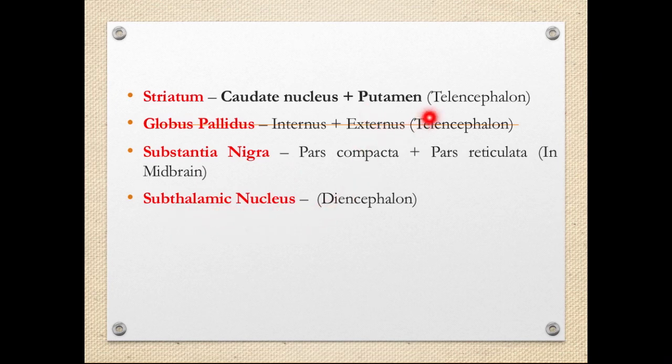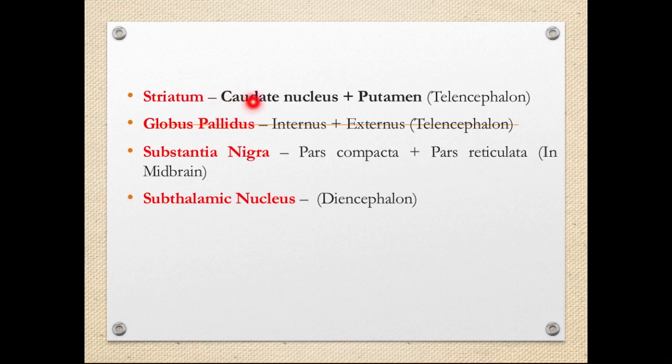If we look at their embryological derivation, like which of the 5 secondary brain vesicles they are derived from: the first and foremost was telencephalon. Telencephalon gives rise to putamen and caudate nucleus, as well as globus pallidus.